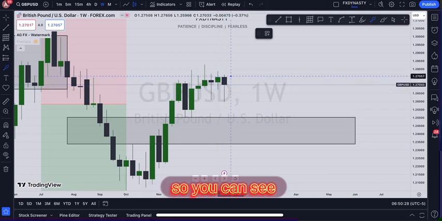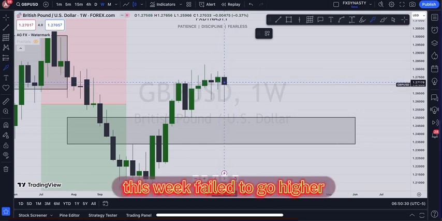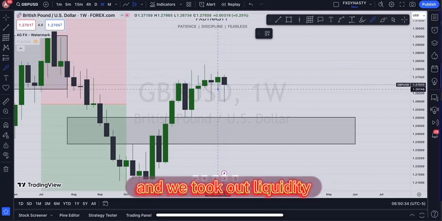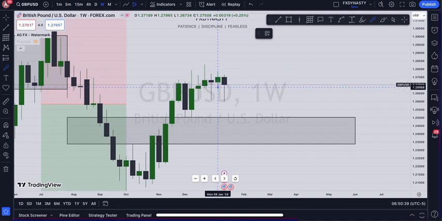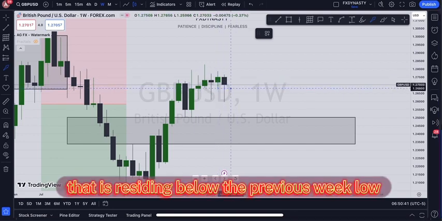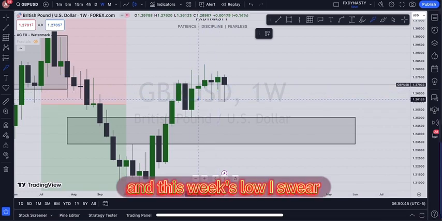So we can see this week failed to go higher, and we took out liquidity that is residing below the previous week low and this week's low as well.